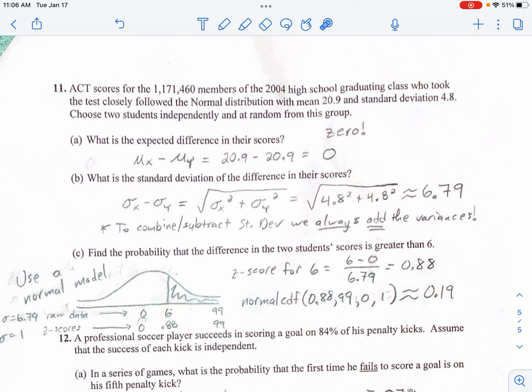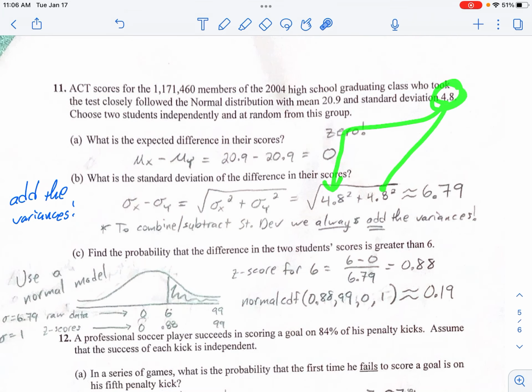Oh, this goes back to question 5. You're like, okay, I'm subtracting standard deviations, okay? But remember, how do we do that? No matter what you do, add the variances, okay? Always, always, always add them. So they both have the same standard deviation, right?